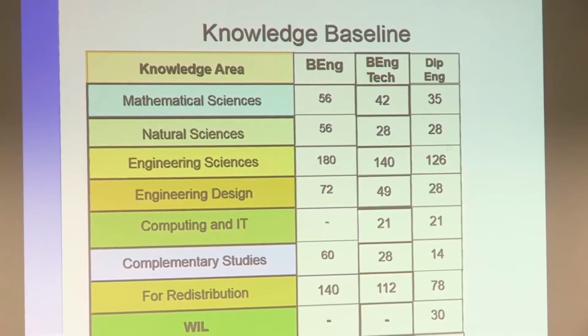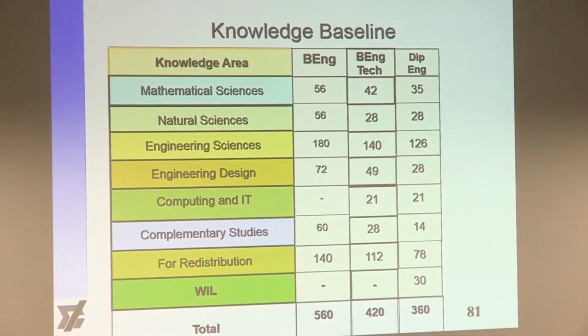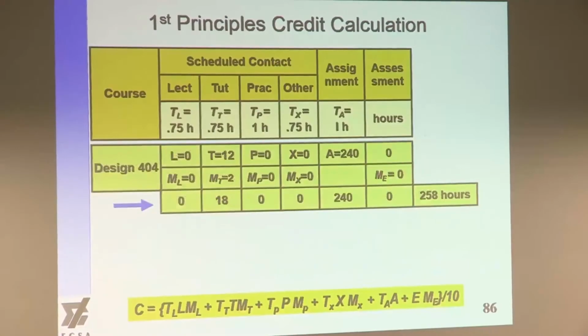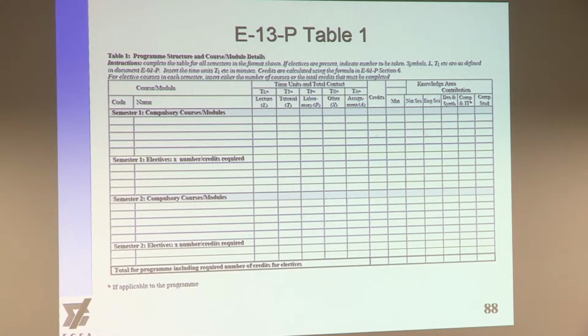So the total of the qualification will come to 360, or a minimum of 360, shown in here. And the knowledge areas as well. But it's always nice at some stage to break it down per year so that you have an idea of the distribution of 360 over the years.